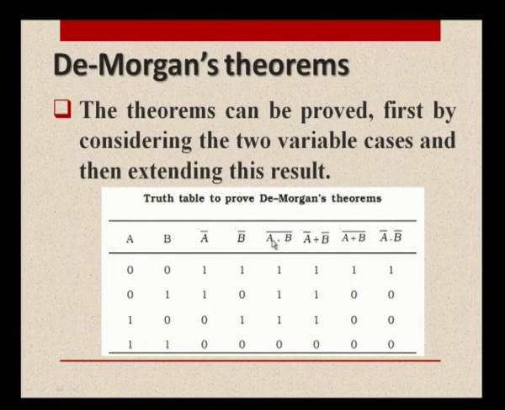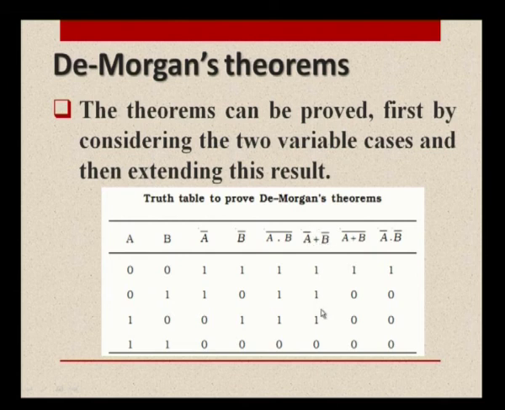The NAND operation, A dot B whole complement, when we take it, this is the output that could be easily taken from the inputs that we have for A and B here, and then this A dot B whole complement is equal to A complement or B complement, that expression.